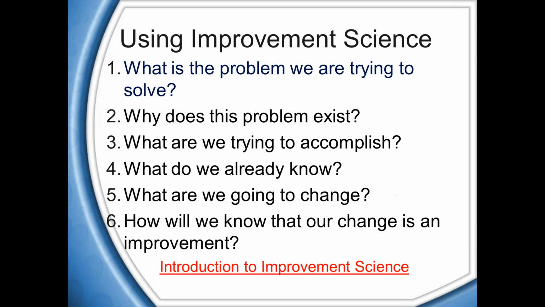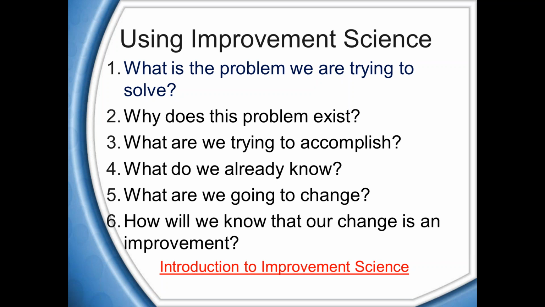So we're going to take a moment just to talk about improvement science. I mentioned a few moments ago that if you participate in the design grant, you'll be using the improvement science process. And you may already be familiar with improvement science, but just briefly, it's based on work done by the Carnegie Institute and is a process for continuous improvement, essentially.